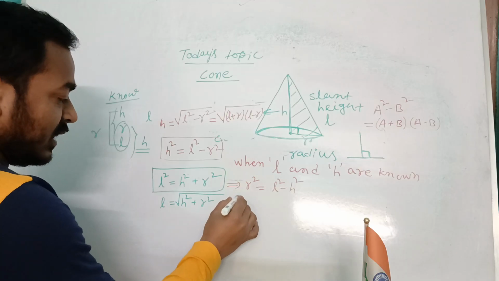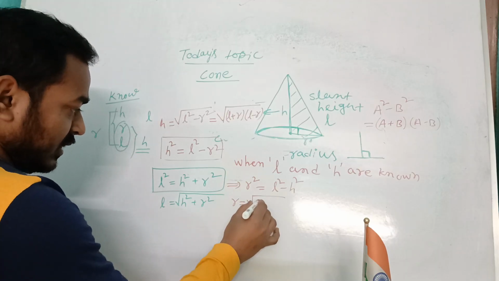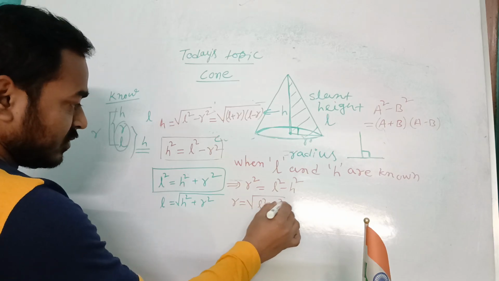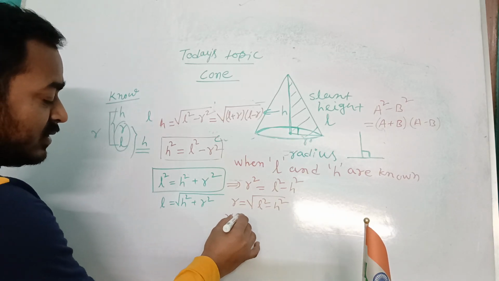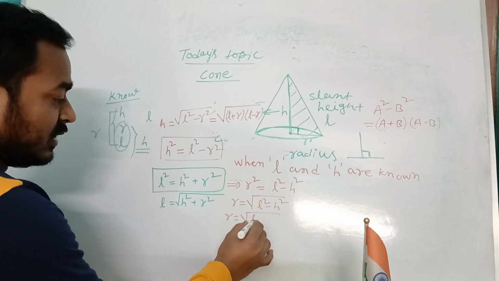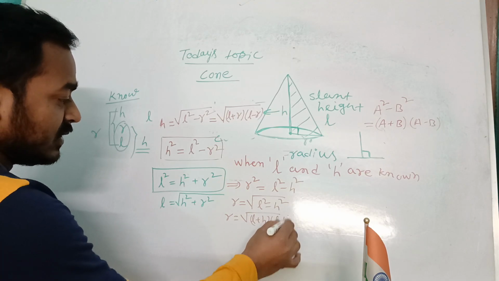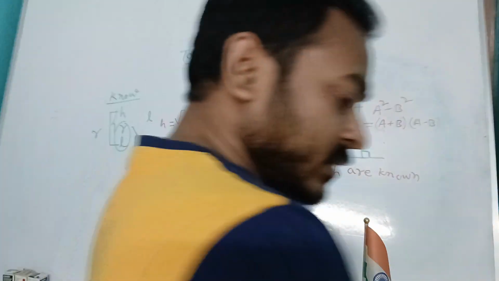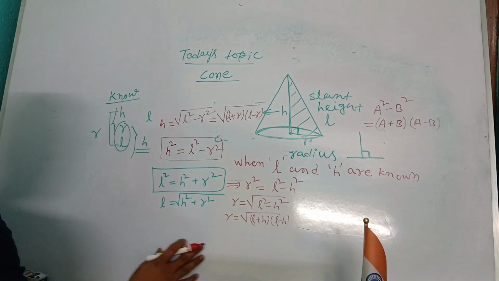Similarly, R is equal to the square root of L square minus H square, and it can be written as R equal to the square root of L plus H into L minus H. Yes, good, visible. L plus H into L minus H.